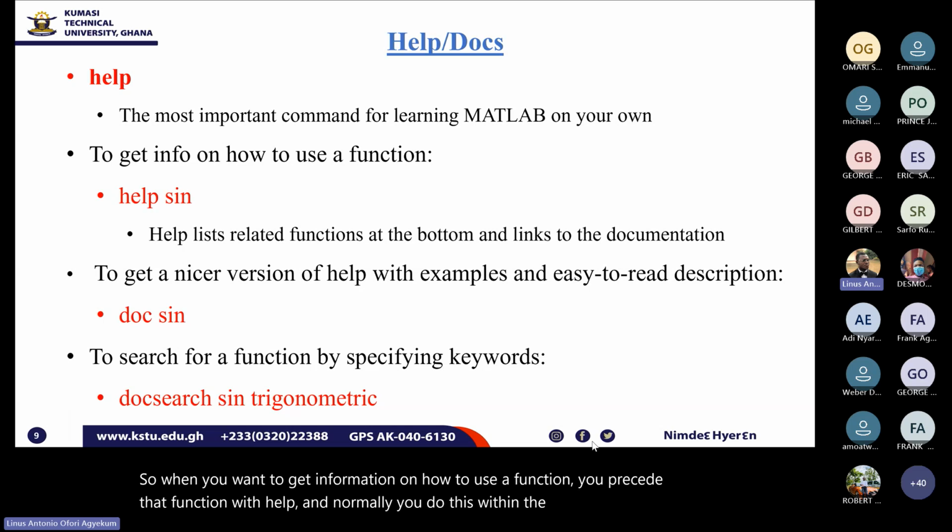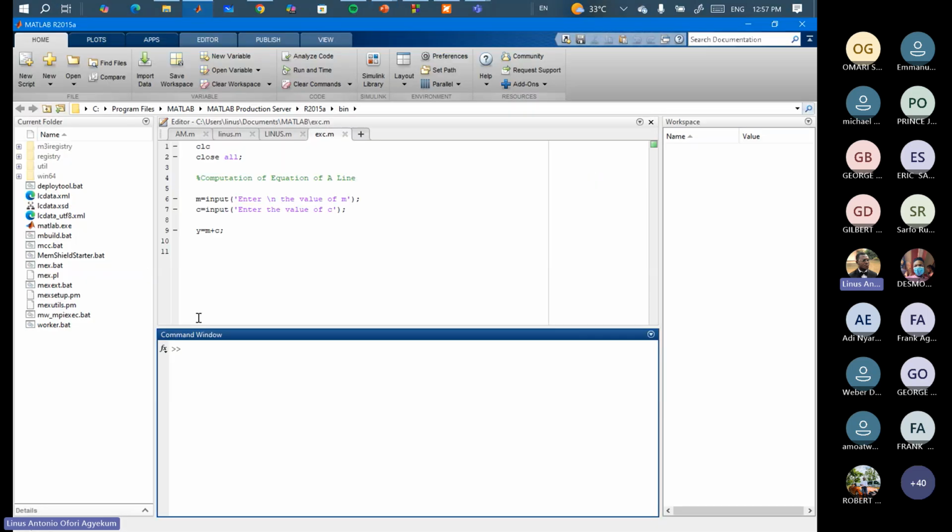So let's take an example here. This is my MATLAB command window. I want to understand how to use the function sine. So when I type help sine, it returns some information.